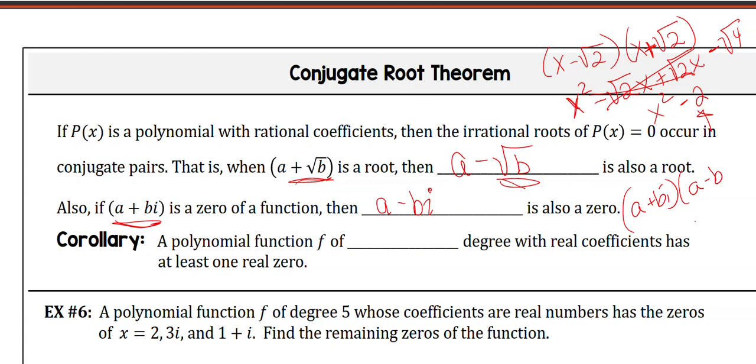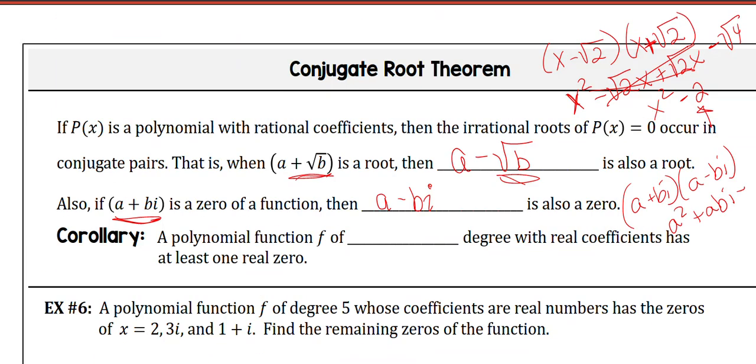and then I go ahead and FOIL this, I get a squared plus abi minus, I'm going to run out of room. Let's see. I'm going to minus it down here, minus abi, and then becomes minus b squared i squared. Well, these guys are going to cancel.